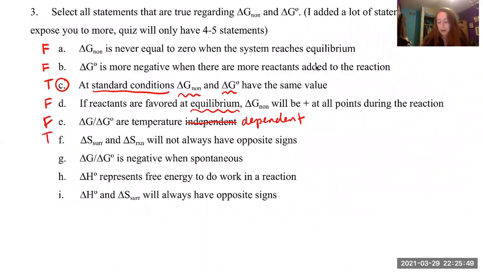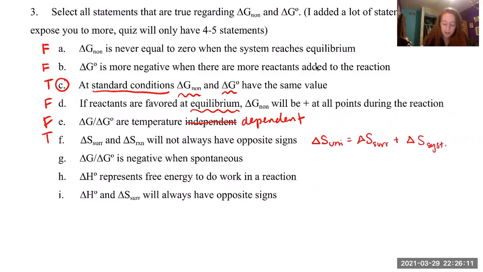There's nothing keeping them having opposite signs. For example, delta S of the universe equals delta S of the surroundings plus delta S of the system. It doesn't necessarily mean that they'll have opposite signs, okay?